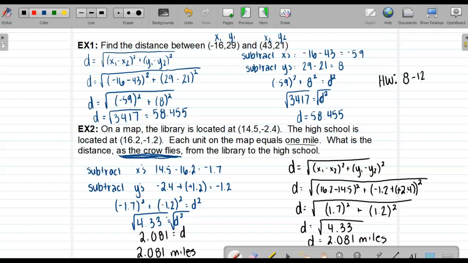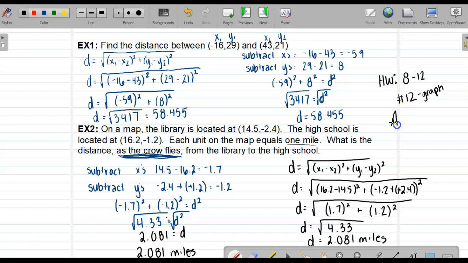Actually, on number 12, I'm going to take back what I just said. Just graph that. On number 12, I do just want you to graph it. It's much easier. It's asking for the area of a triangle.